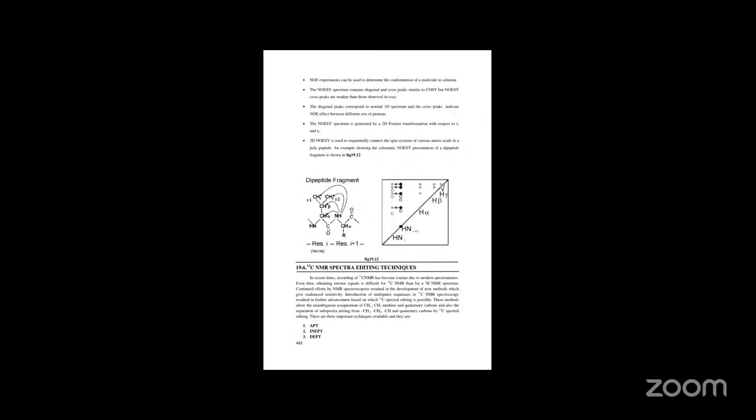It is useful for determining the protons which are close in space but not closely connected by chemical bond. Here, these are closely connected protons. The closely connected protons can be identified by this COSY spectrum.